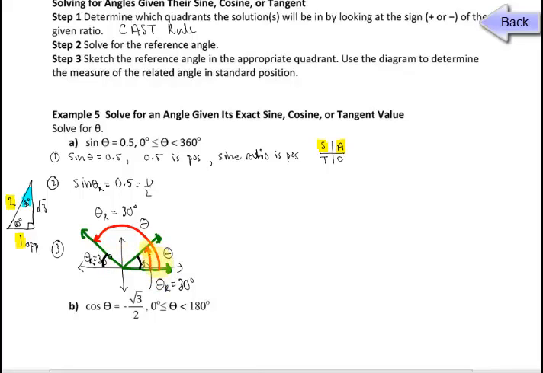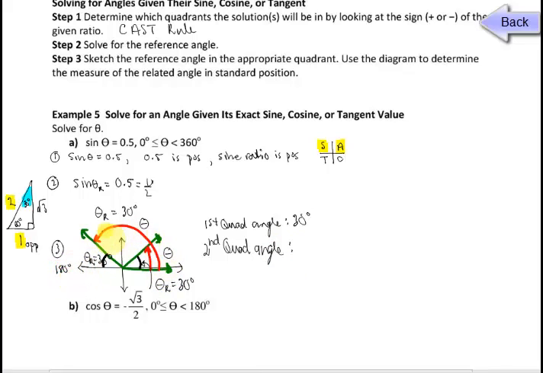Okay, well, as you can see from the diagram, our reference angle and our first angle in the first quadrant is the same. Okay, so our first quadrant angle is 30 degrees. Our second quadrant angle, well, we would calculate it because we know that half a circle is 180 degrees.